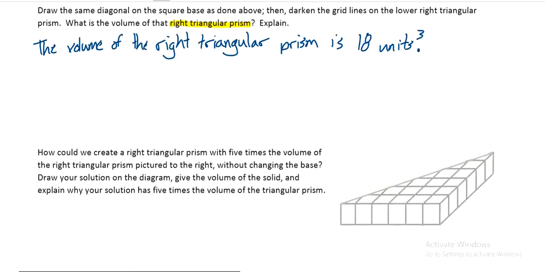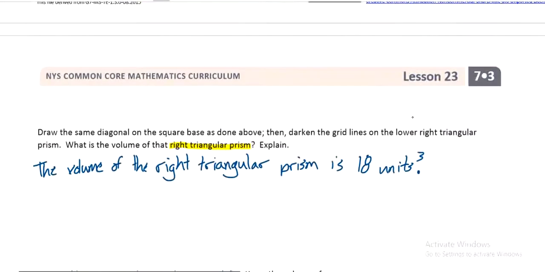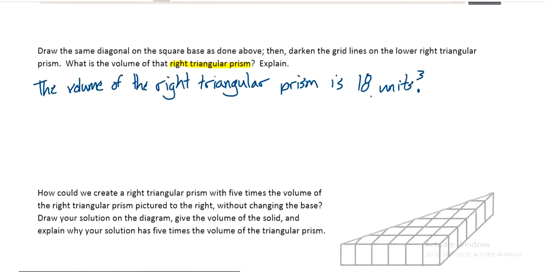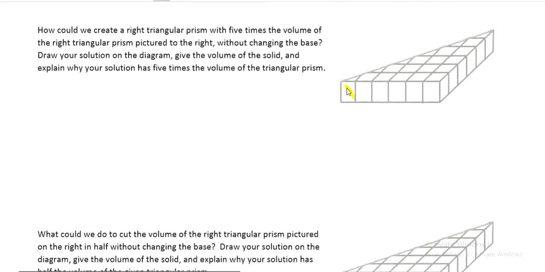So I will just show you an example of what something 5 times the volume of this would be. Our goal is to get a prism with 5 times the volume of the one we just did, and this right here is just a different diagram of what we did above with the 18 cube units.